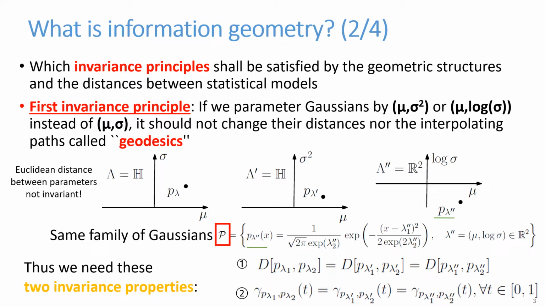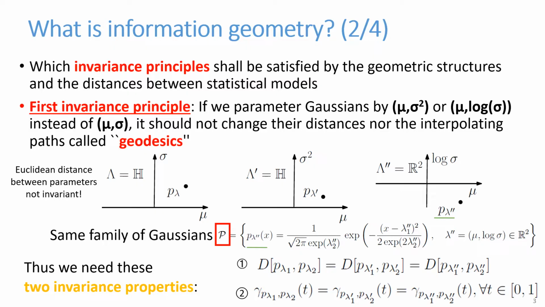This basic question can be tackled by looking at the invariance principles that shall govern the statistical model geometries and statistical distances. The first invariance principle is that, of course, the statistical distance shall not depend on the choice of the parameterization of the distribution, since the family of normals is the same.